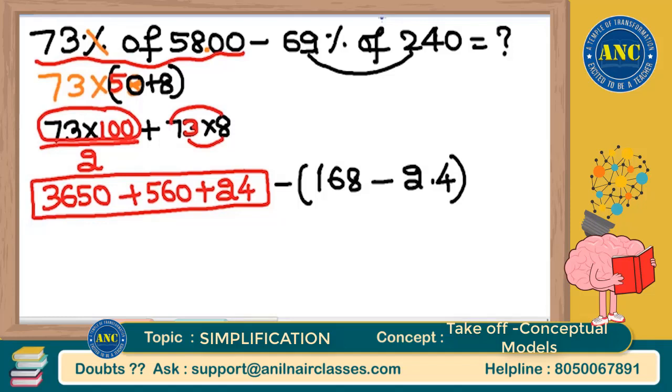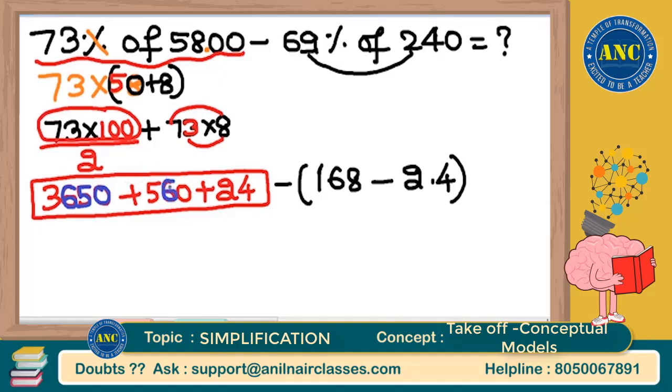This is what I taught you in my previous class also, which I am teaching you again: have a habit of sharing things, have a habit of distributing things to others. That means here I have 3650. For it to become 4000, I need 350, or for it to become 4200, I require 550.